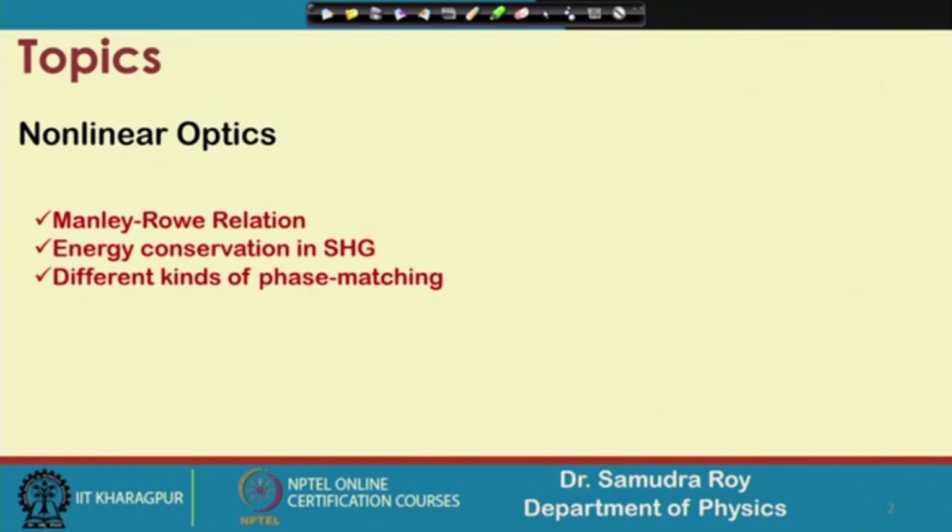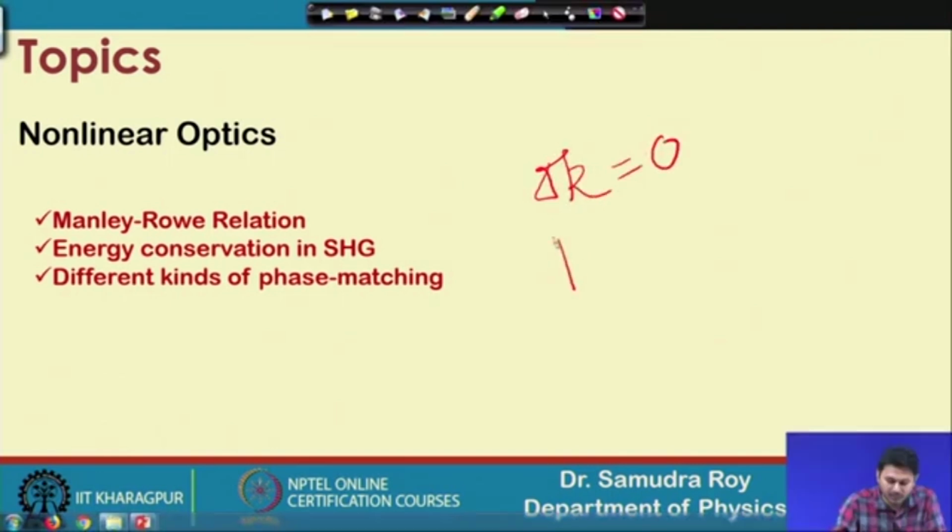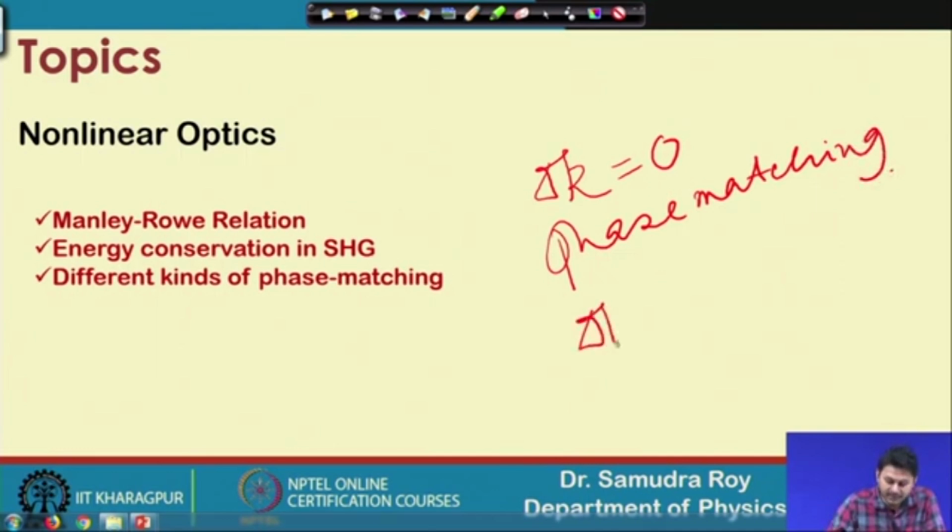In the last class we learned about phase matching and found that delta k equal to 0 is the condition of our phase matching. But we find that even when delta k is not equal to 0, we get some kind of phase matching, and we were also able to figure out the bandwidth.